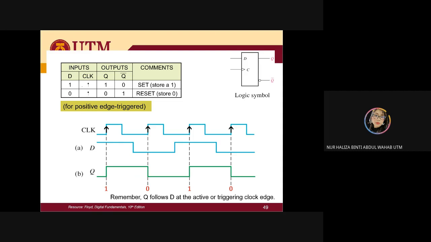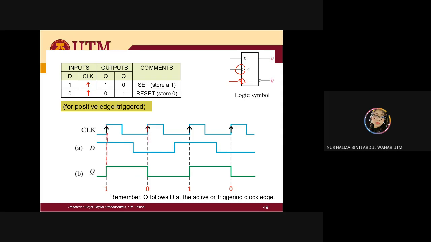But for the clock, you have falling or rising, rising up or falling down, so it depends on your clock. Positive clock like this, negative clock like this. And you will change only at this line.